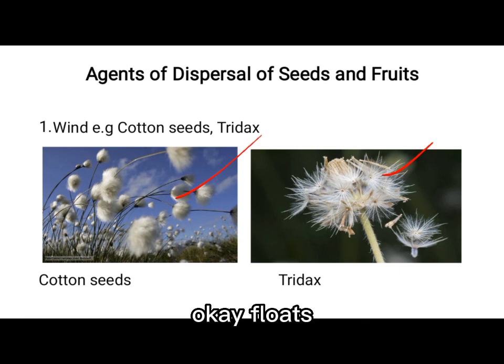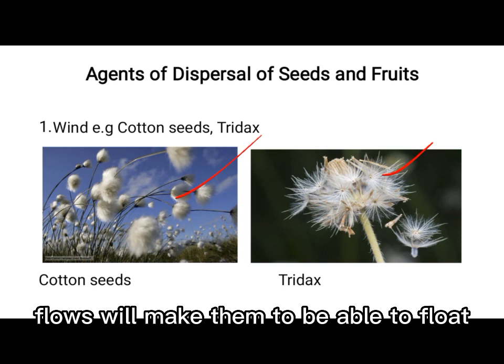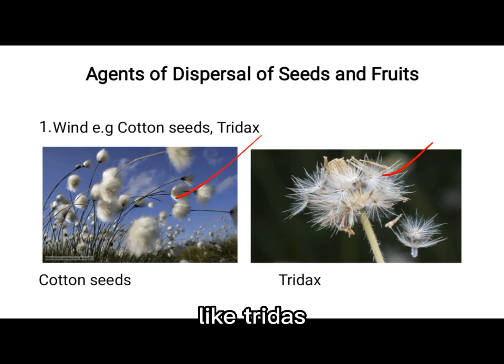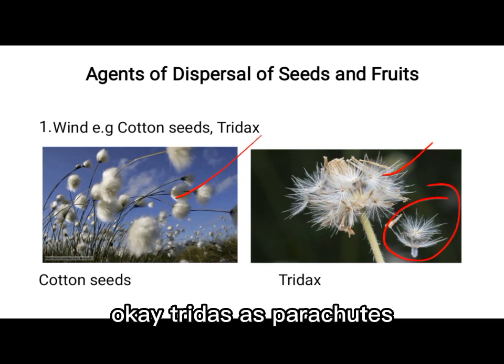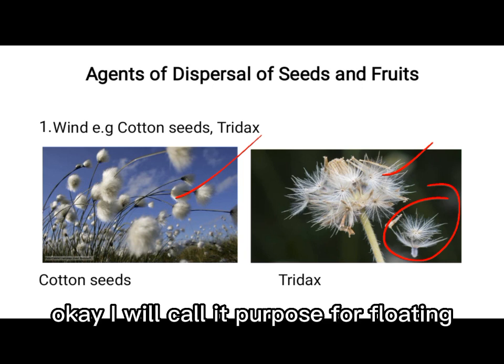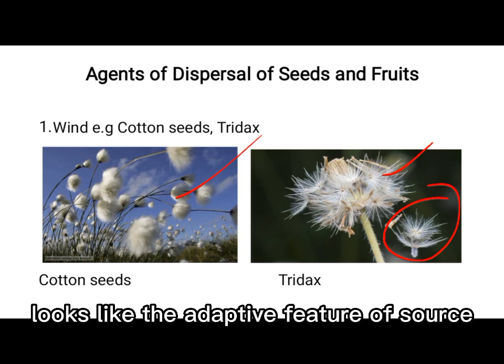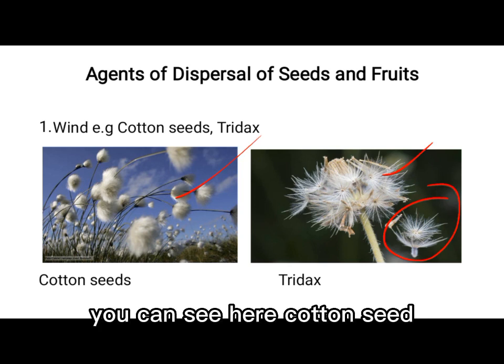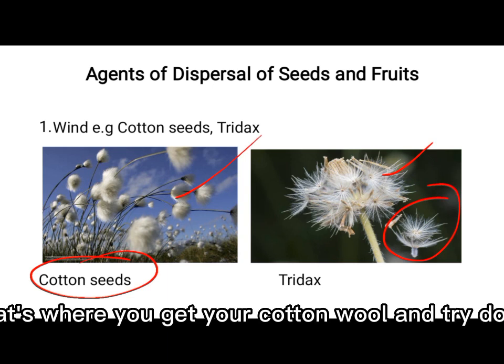Some of them may have a parachute like tridax, for floating. Those are the adaptive features of seeds that are dispersed by wind. A very good example you can see here, cotton seed. That's where you get your cotton wool, and tridax.